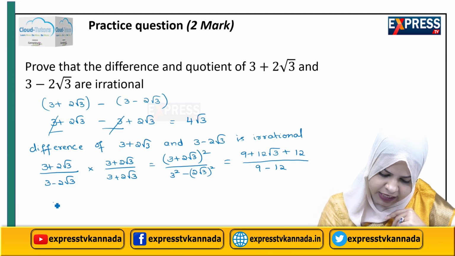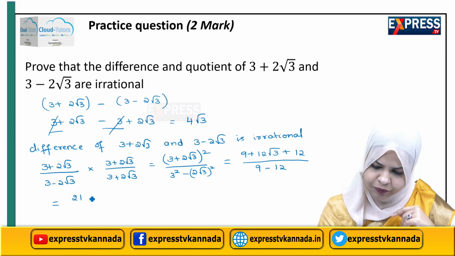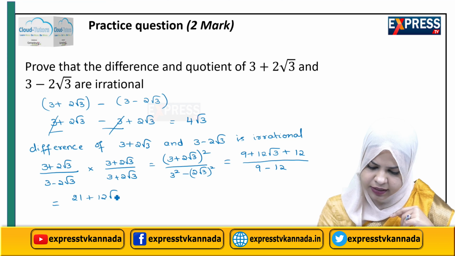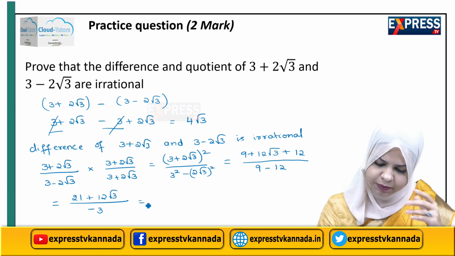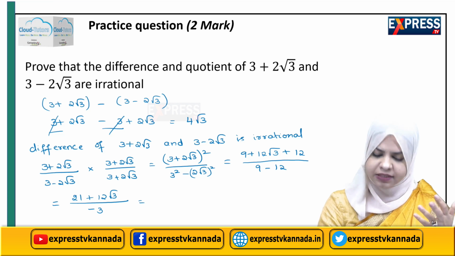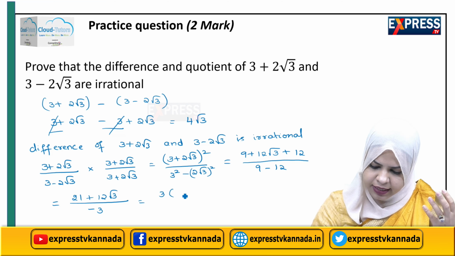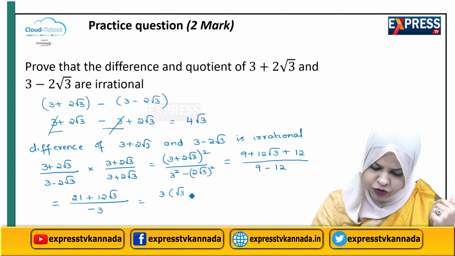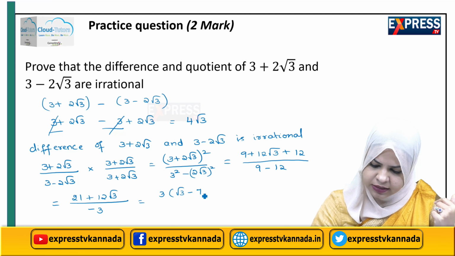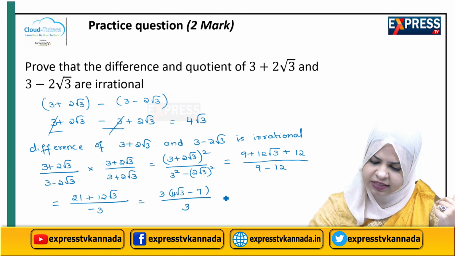So I will get the value as 9 plus 12 is 21 plus 12 root 3 divided by 9 minus 12 is minus 3. This can be simplified and divided by 3. I can remove 3 as a common factor, and let's multiply this with minus 1. So 4 root 3 minus 7 by 3. 3 and 3 cancels.